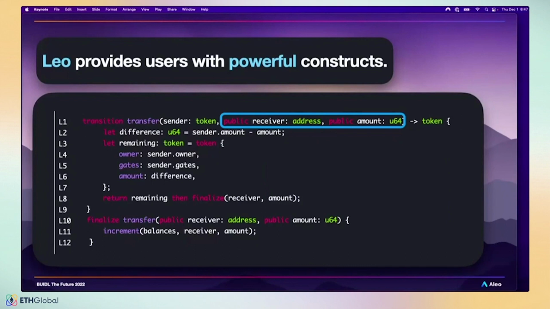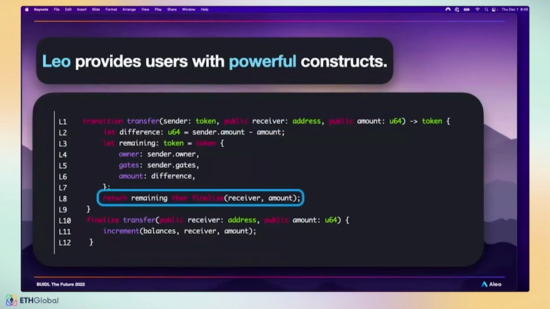So on line 2, we calculate the difference. We construct the record for the sender, the remaining record. Then on line 8, we return the record back to the sender, and we use a then finalize invocation to indicate that after creating this record, or after performing your off-chain execution, on-chain you would like to invoke a finalize block with the receiver and amount as arguments.